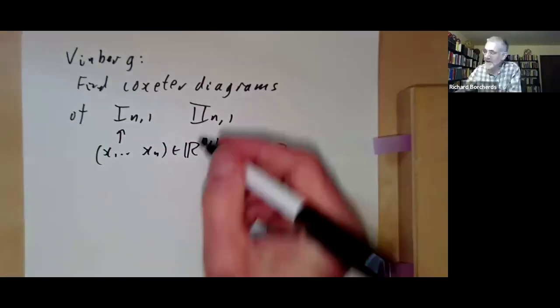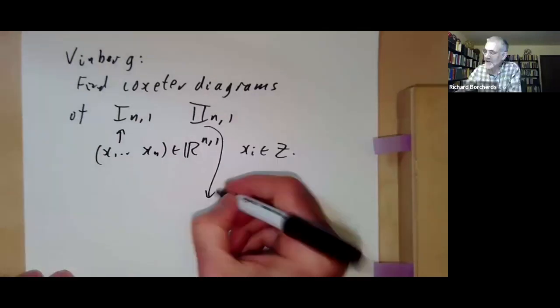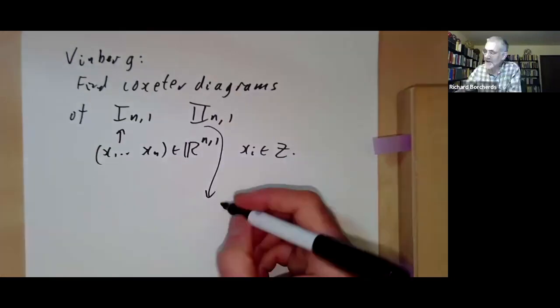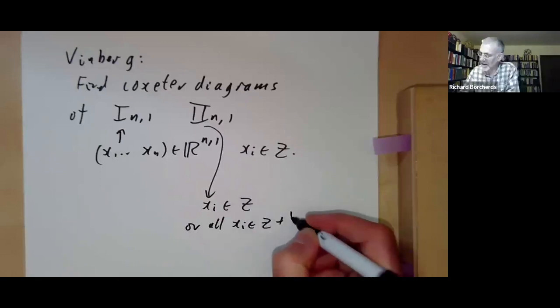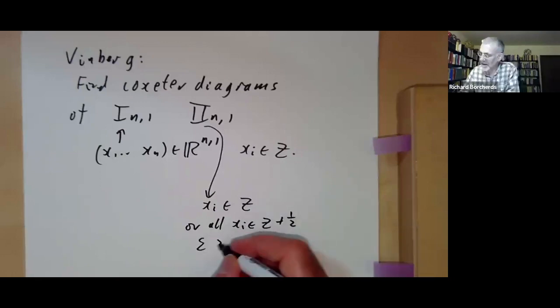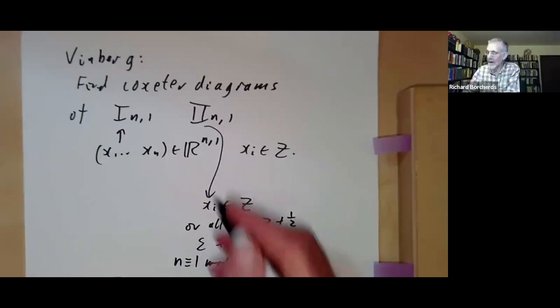This is kind of similar, except you do the same trick we did for E8. So for this one, you take the xi all in Z, or they're all in Z plus a half, and the sum of the xi is even. The nice thing about this is that if n is congruent to 1 modulo 8, this will then be an even lattice.